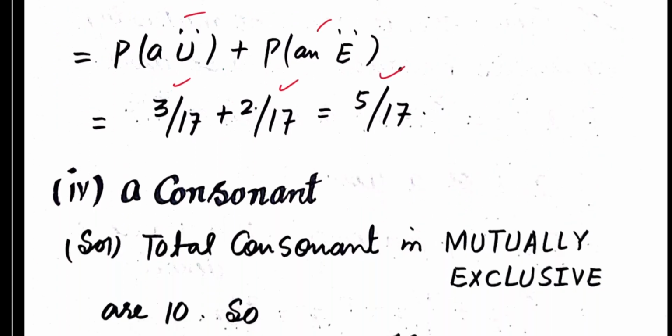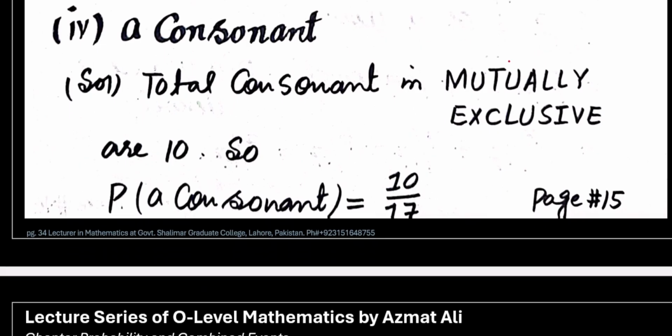A consonant. Total consonants in mutually exclusive are 10. Letters other than vowels are called consonants. The first consonant is M, second is T, third is L, again L, 4, 5, 6, 7, 8, 9, and 10. So there are 10 consonants. Probability of a consonant is 10 out of 17.